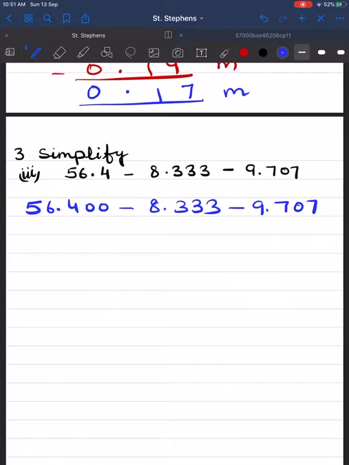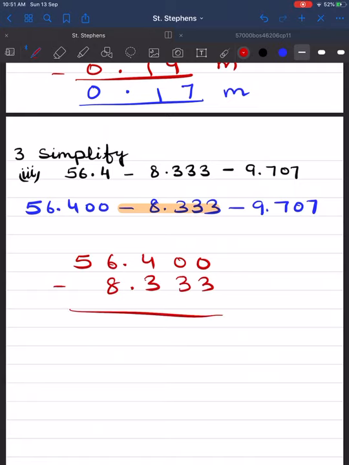So we write 56.400 on the top, and we subtract the second decimal number from it. So we have here 8.333 and we subtract. So here we get 10 minus 3 is 7, 9 minus 3 is 6, 3 minus 3 is 0.